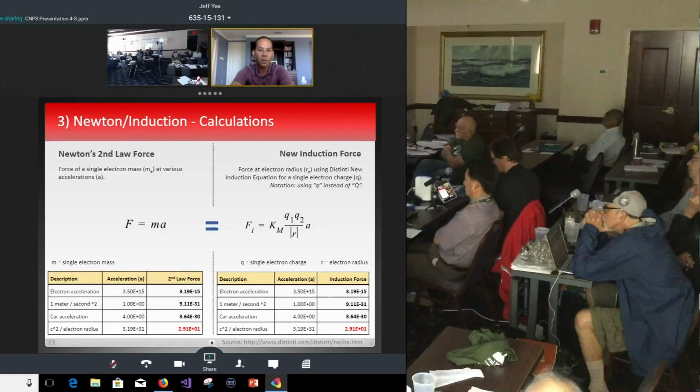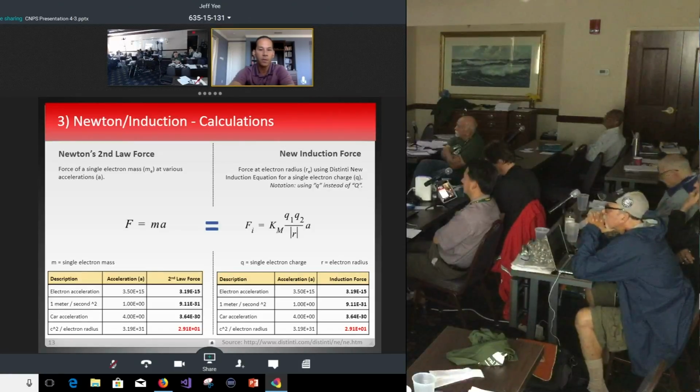But again, it's only equal when measured at the electron's radius, because you notice on the left-hand side, force is not decreased based on distance, whereas on the right side it does. And so you have to use the electron's radius. And again, you see it highlighted in red, that 29.1 newtons. It occurs when acceleration is c² divided by the electron's radius. Okay?